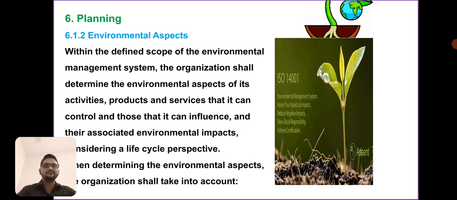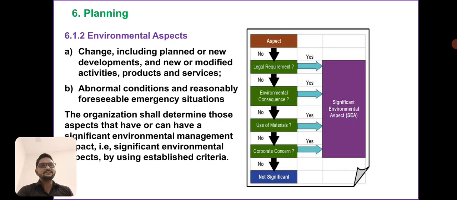When determining the environmental aspects, the organization shall take into account what are the things we need to focus on. First is change, including planned or new developments, or new or modified activities, products or services. Next is abnormal conditions and reasonably foreseeable emergency situations.